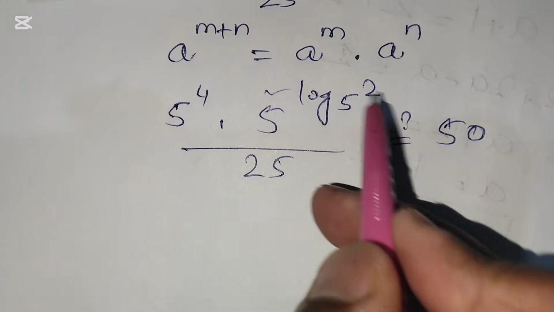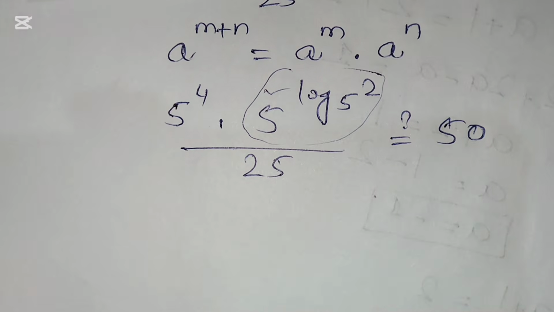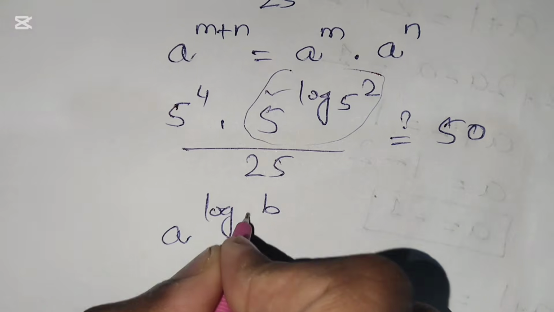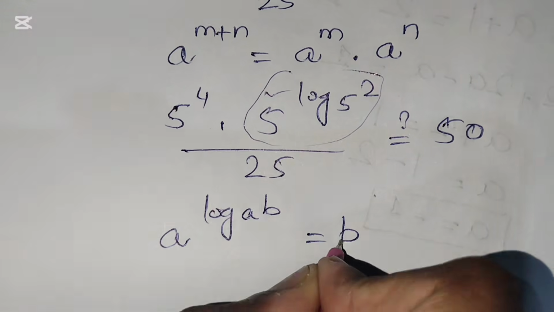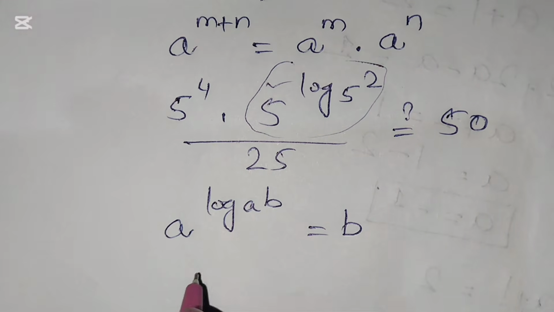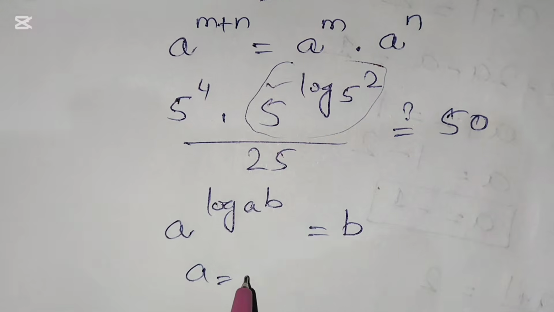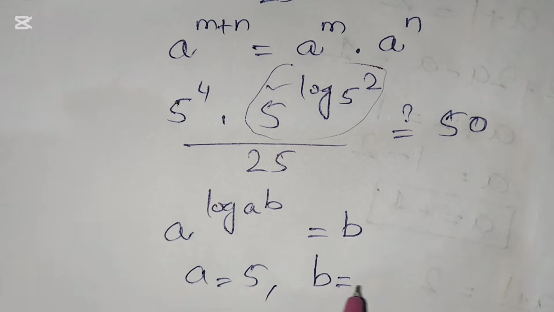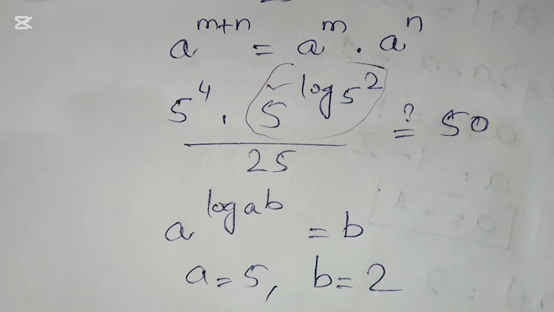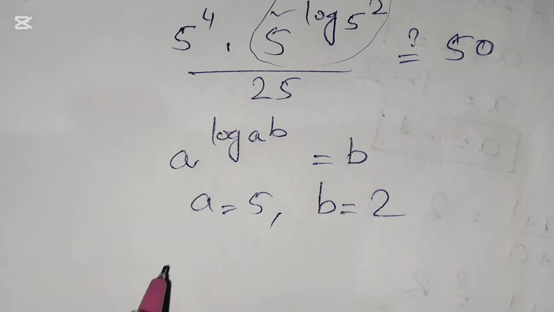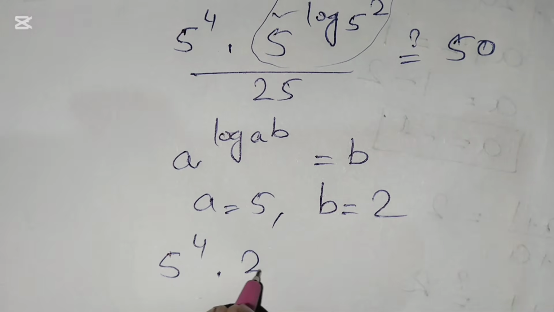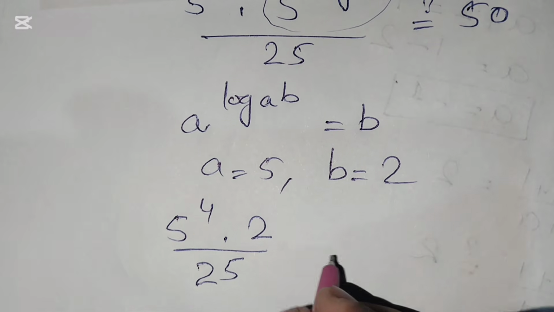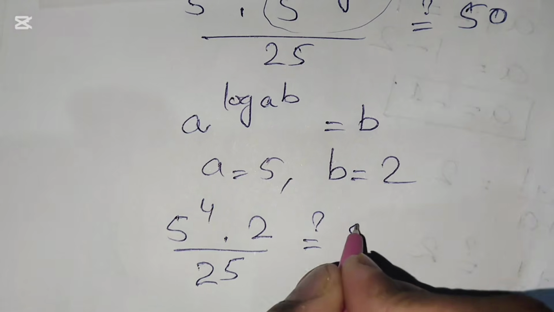Now for this whole term, we know that a power log of b with the base a always equals b. Here our a is 5 and b is 2. So the whole term is replaced by 2. It will be 5 power 4 times 2 over 25 equals 50.